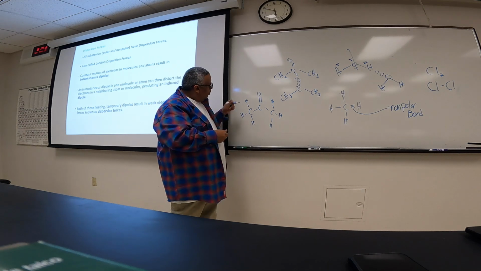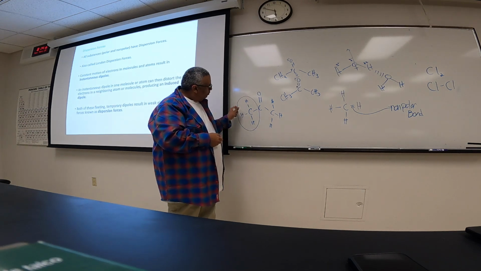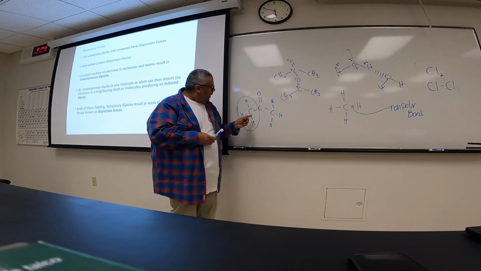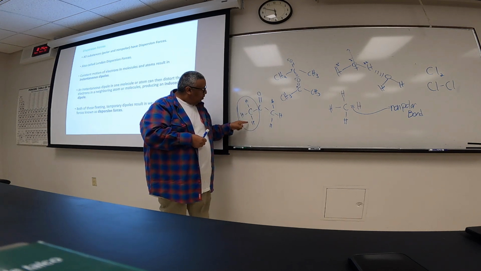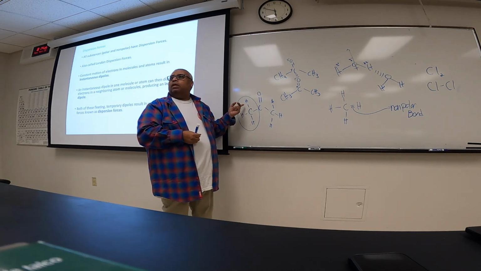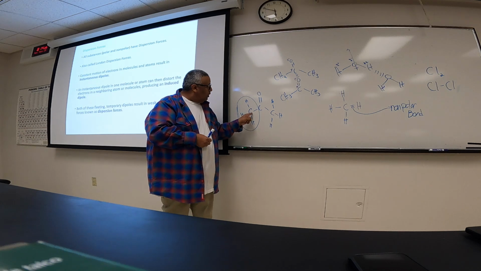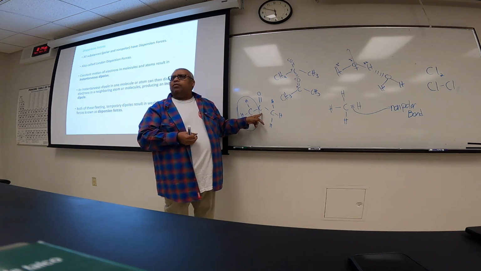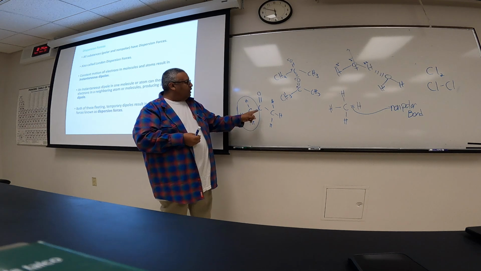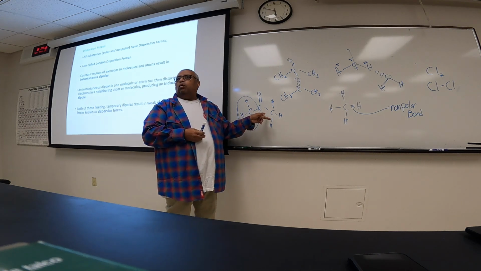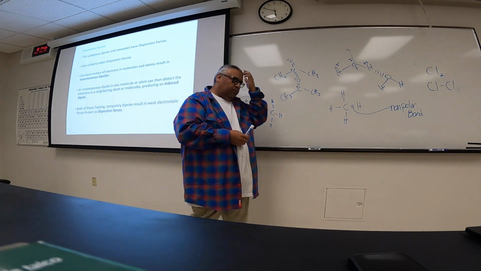But even though this is a polar molecule, the bond between carbon and hydrogen here is nonpolar. The bond between this carbon and this carbon is another nonpolar bond. So nonpolar bonds can exist in polar molecules.